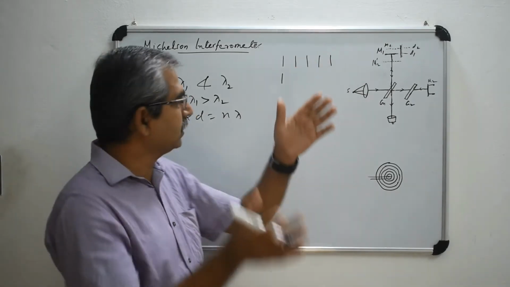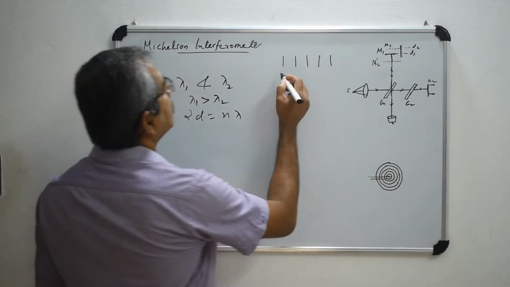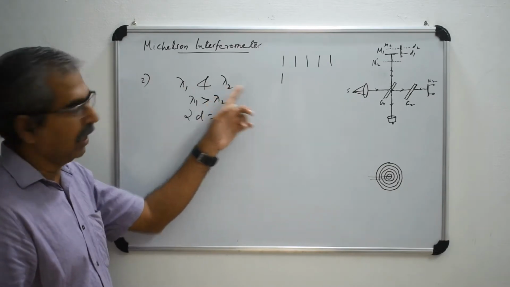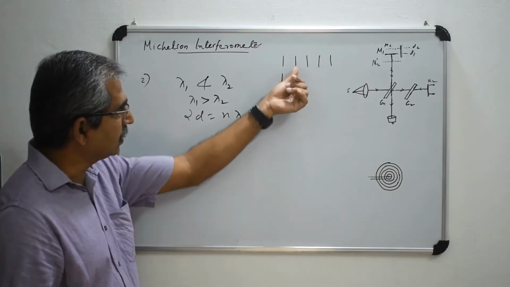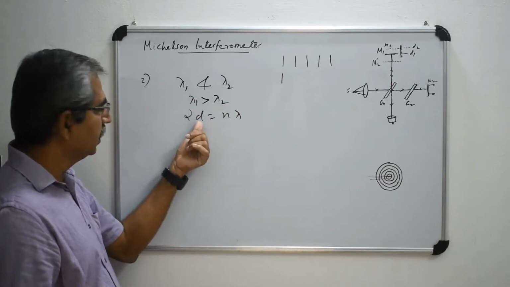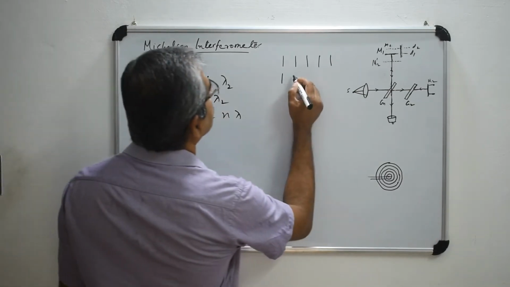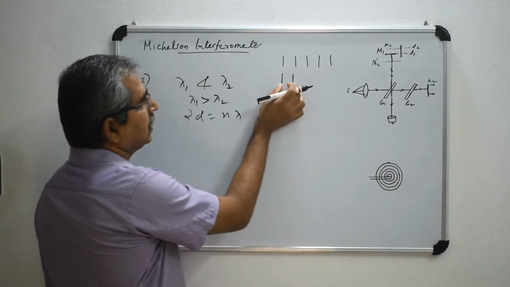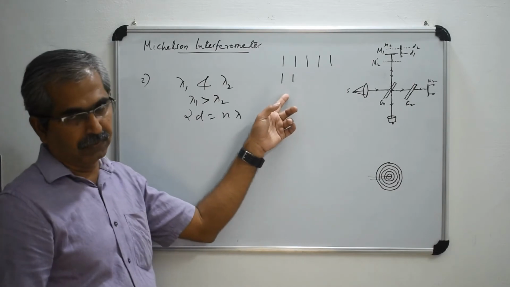I am drawing it separately because you have to understand that. So the first line is there for lambda 2. And what about the second line for lambda 2? That will be slightly closer than the second one, because lambda is smaller. So D is smaller. The required separation will be smaller. So the second line will be here. So this is the separation between the adjacent lines for the second wavelength.